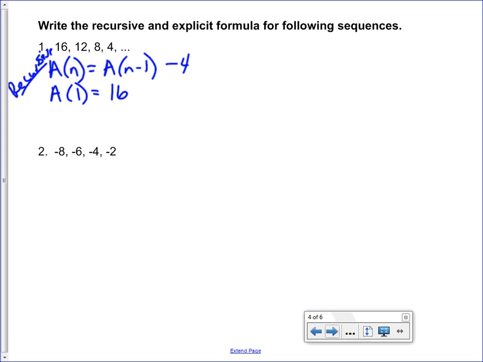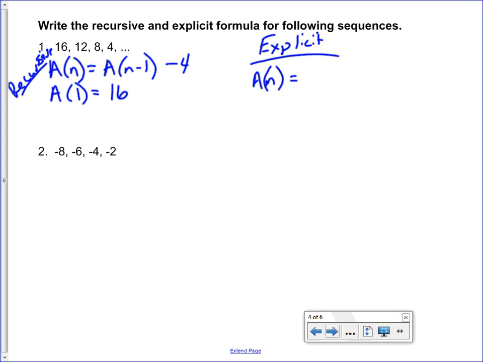Now the explicit, this new type that we're going to look at, I'll give it to you two different ways. First of all, we start out with the same idea. Any term can now be found by, in this case, I'll use a_0.